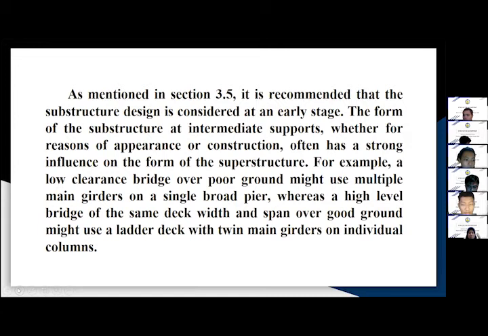For example, a low clearance bridge over poor ground might use multiple main girders on a single portal pier, whereas a high-level bridge of the same deck width and span over good ground might use a ladder deck with twin main girders on individual columns.